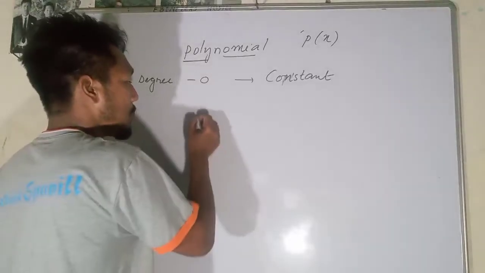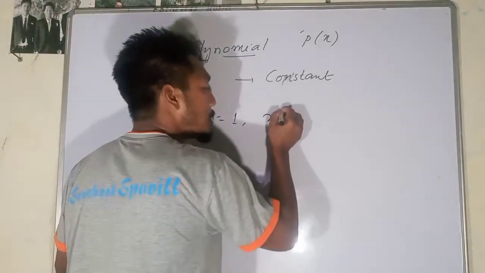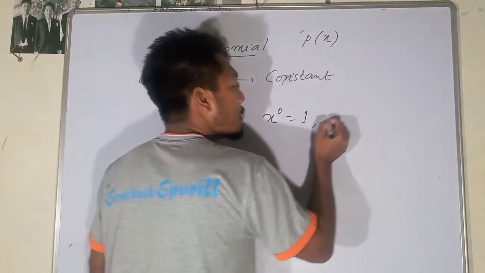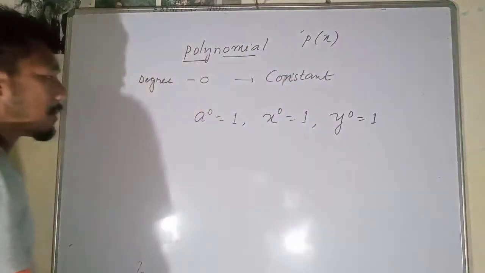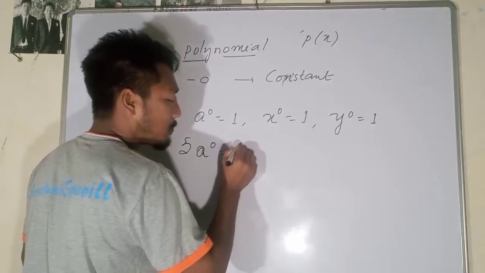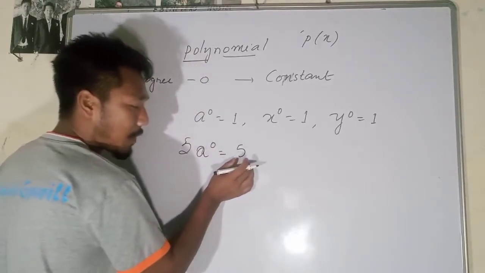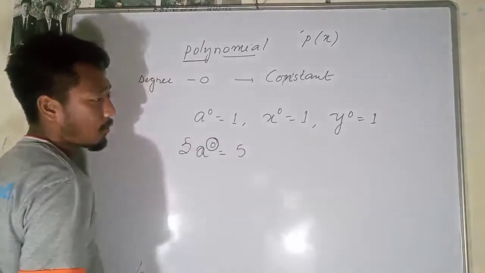a to the power 0 is 1, x to the power 0 is also 1, and y to the power 0 is also 1. So if I write 5 into a to the power 0, that is 5, a constant number, and the degree of the power is 0.